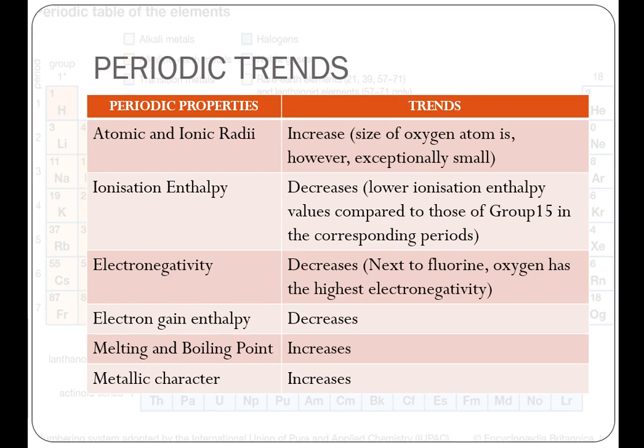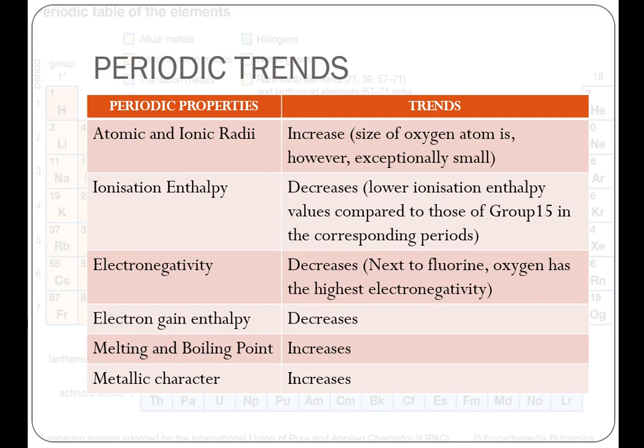Electronegativity. Next to fluorine, oxygen has the highest electronegativity value among all the elements. Within the group, electronegativity decreases down the group. Electron gain enthalpy. Because of the compact nature of oxygen, it has less negative electron gain enthalpy than sulfur.